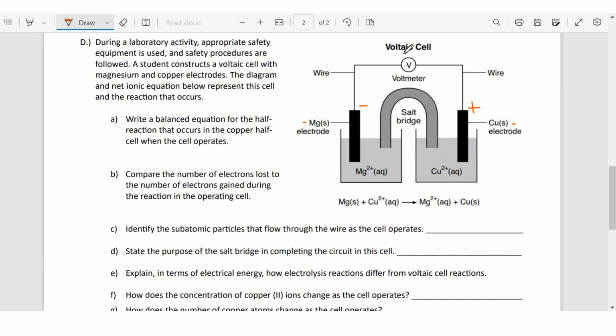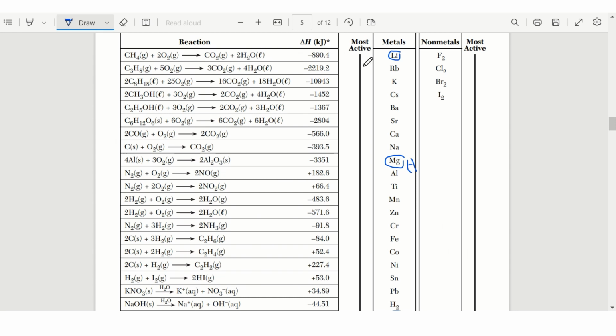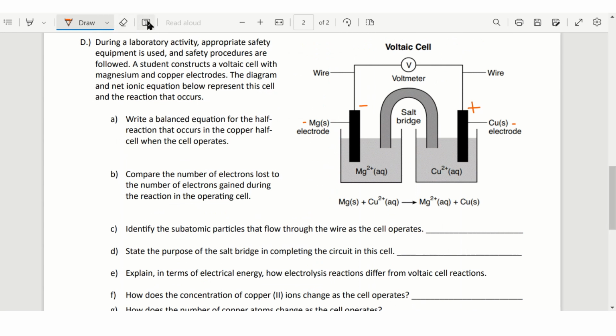This is a voltmeter, and it says it's a voltaic cell. So in a voltaic cell, the metal that is higher is the anode. Okay, so I'm going to go back here, and this is magnesium, so this is the anode, which means this is the cathode.